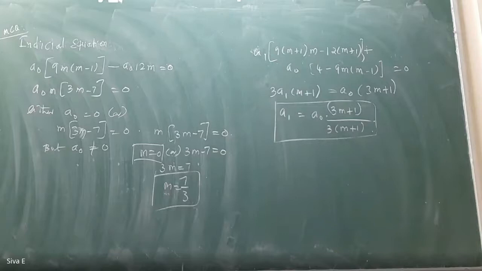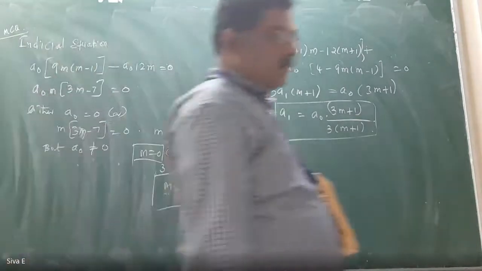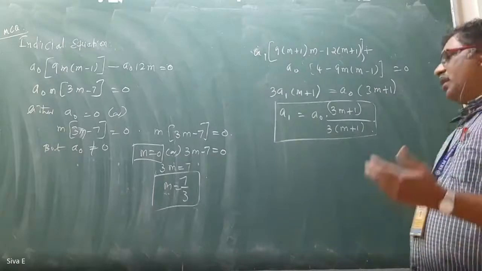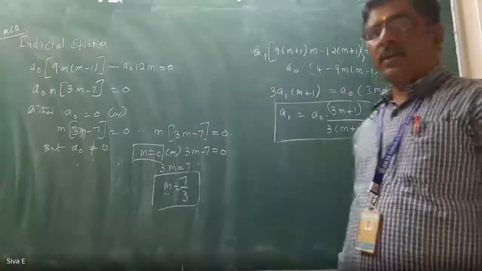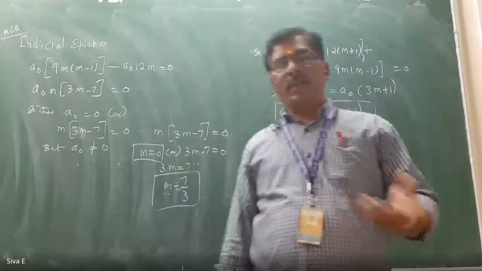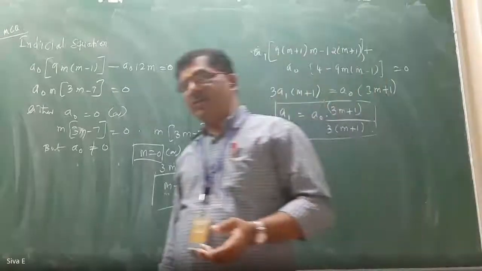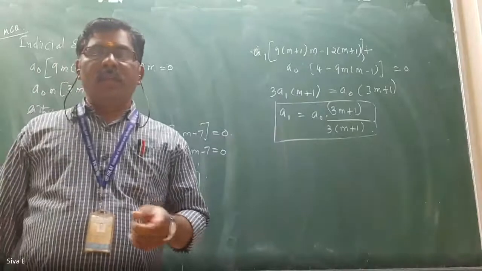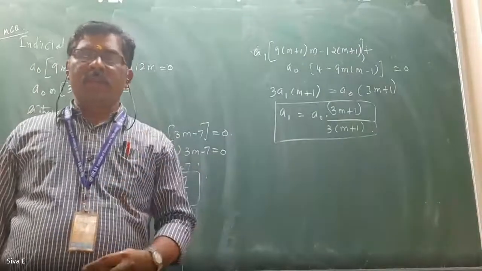See, in the last class, we have done that one method. In that method, we got the recurrence relation, a n plus 1 equal to something. If you substitute n equal to 0, n equal to 1, n equal to 3, then you will get a naught, a1, a2, a3.